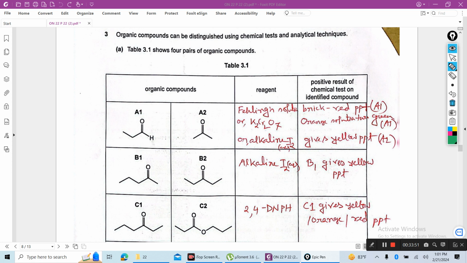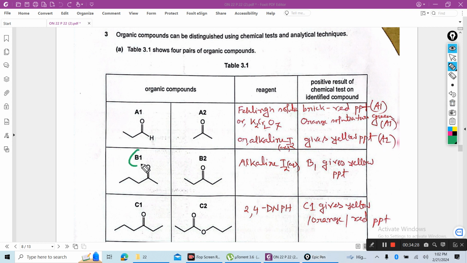Or you can write alkaline aqueous iodine solution, I mean the iodoform test, and methyl ketone. A1 won't react. As A2 is the methyl ketone, it will give a yellow precipitate. So you can easily distinguish A1 and A2 with any of these 3 tests. Any one you can write in exam.